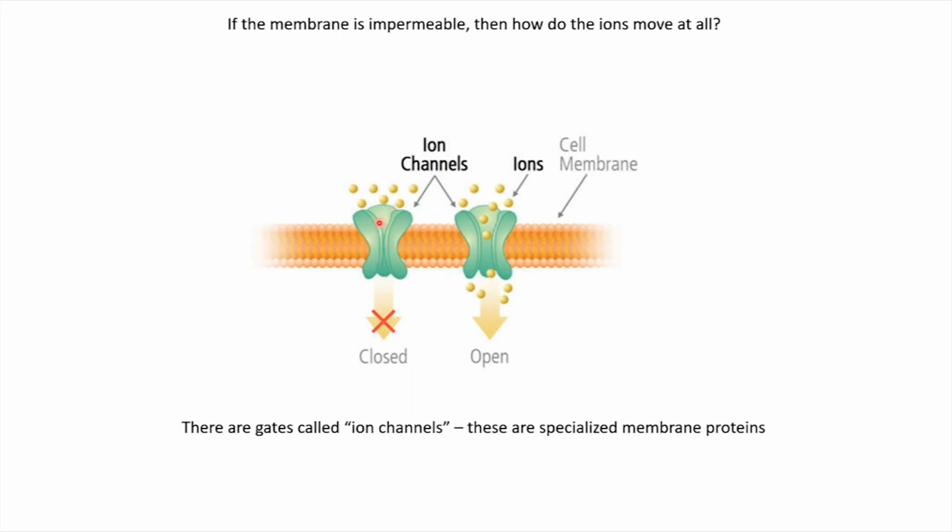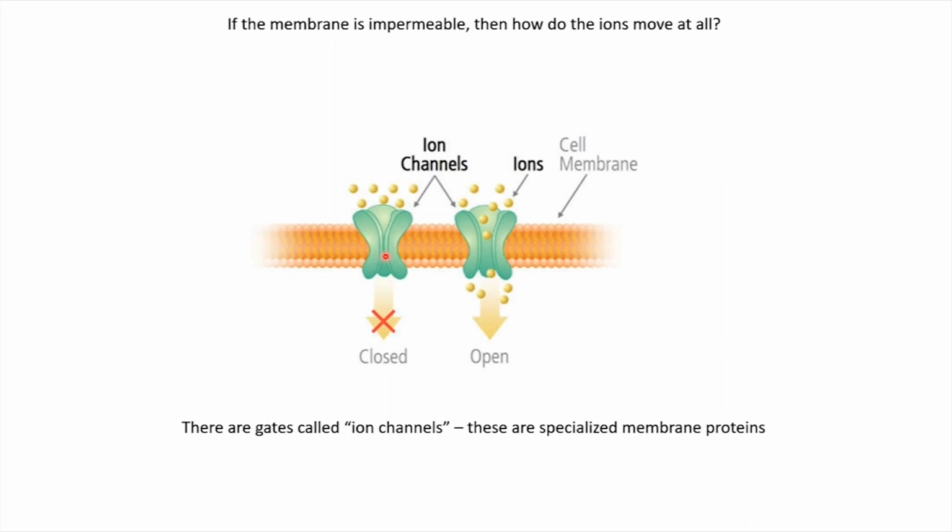And the protein structure is such that there is a passage or a pore formed inside, which is not as hydrophobic as the rest of the membrane, so it allows the ions to move through them. And there are different types of ion channels, as we will see. So they can open or close in response to different things happening inside the cell.